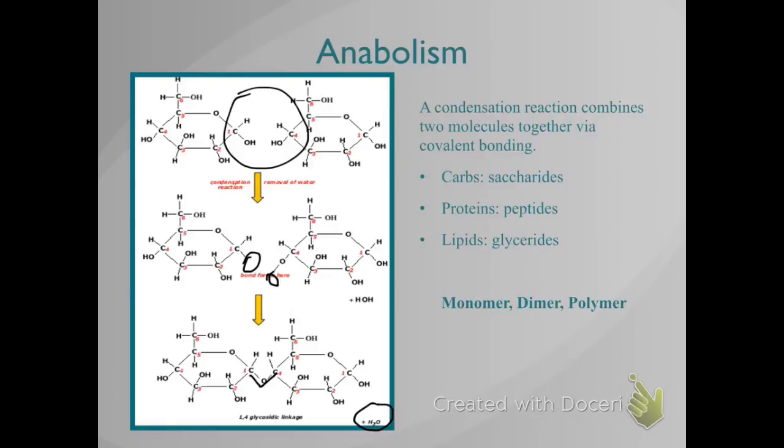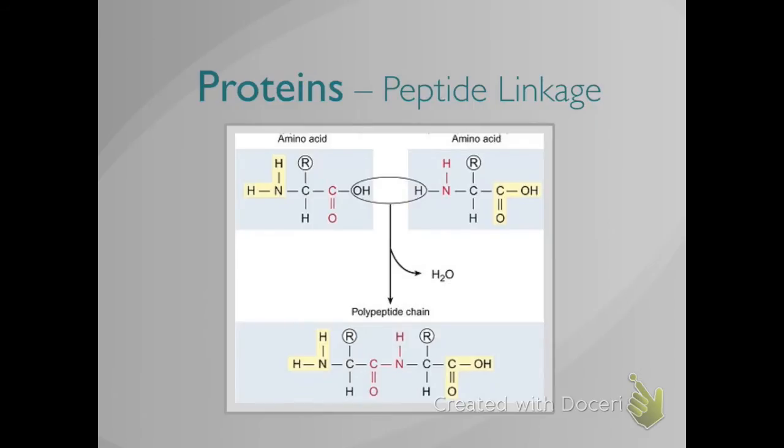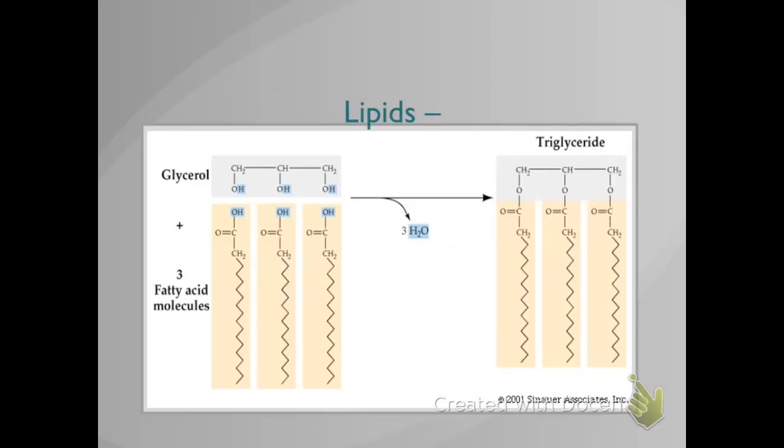And this example is showing anabolism, or a condensation reaction between two glucose molecules. Here we see a condensation reaction occurring between two amino acids. So again, we've got our hydroxide group here, our hydrogen here. That makes an available area for the two amino acids to bind, and again we have a byproduct of water. And then finally we can see it amongst our lipids as well.